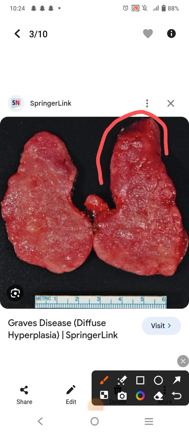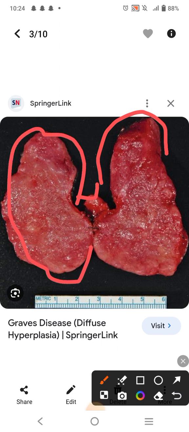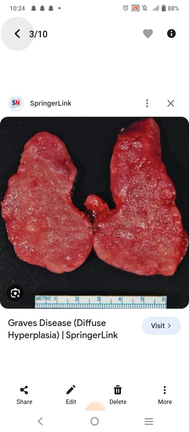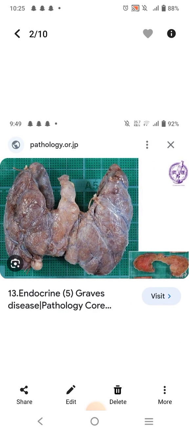So it is diffusely enlarged, and there are no nodules, or you can say there is no enlargement of the thyroid gland in any single area, but it is diffusely enlarged, right? Some extrathyroidal manifestations of Graves' disease are also present, which include dermopathy and ophthalmopathy, as Graves' disease is a triad of ophthalmopathy, dermopathy, and thyrotoxicosis.